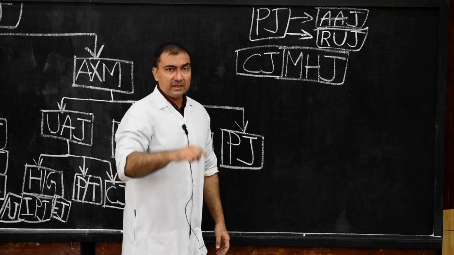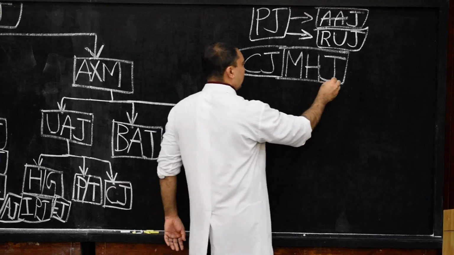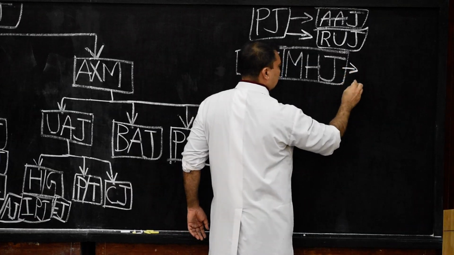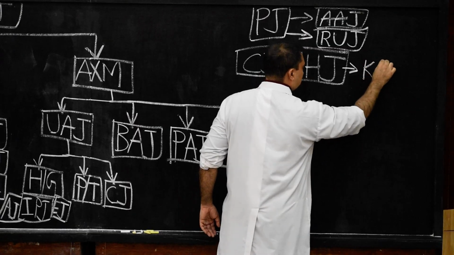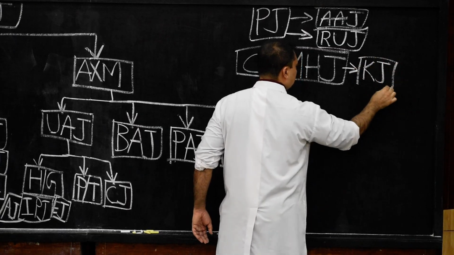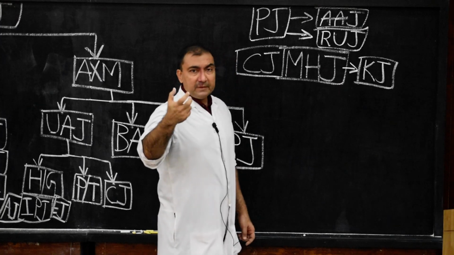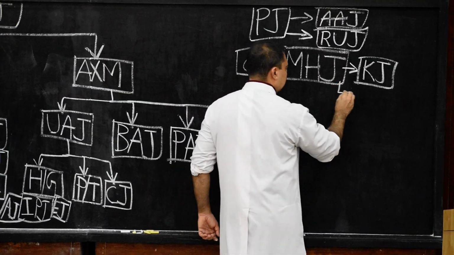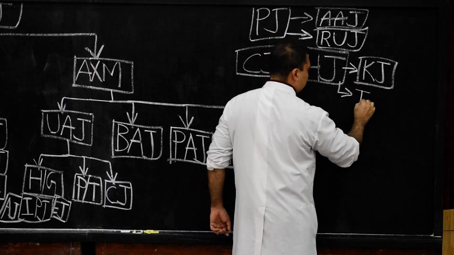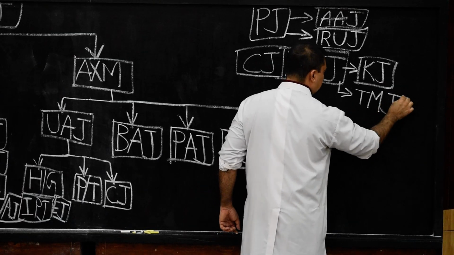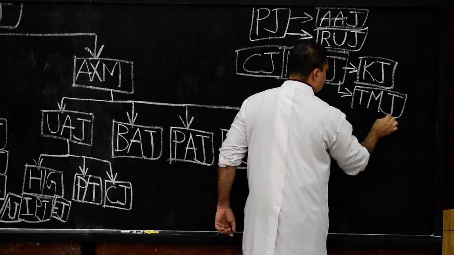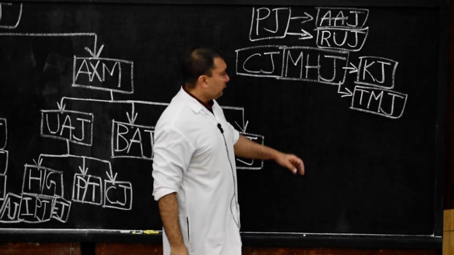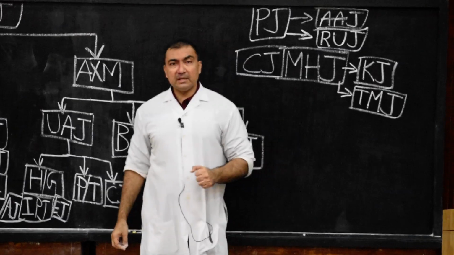Examples of condylar joints will be the knee joint, where condyles of femur and condyles of tibia are in articulation, and the TM joint. And what is TM joint? Temporomandibular joint. So here we finish the condylar variety.